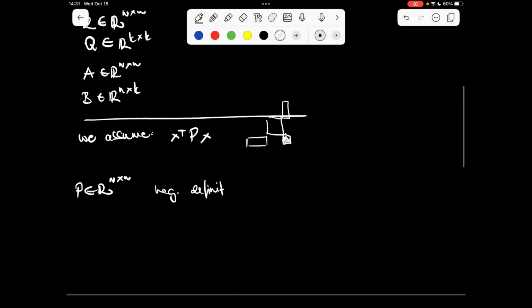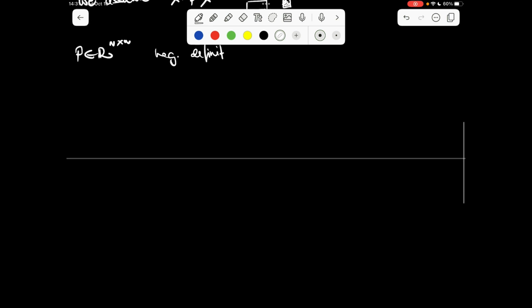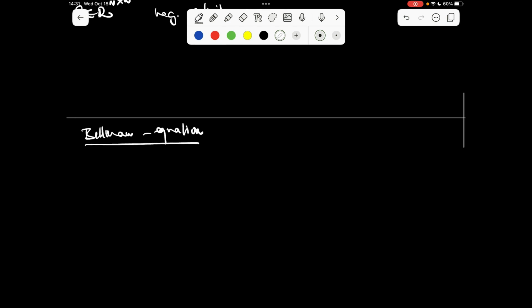All right, on this ground, the Bellman equation, of course the Bellman equation is the basis. The Bellman equation is the following. We are supposed to maximize with respect to u the following expression.